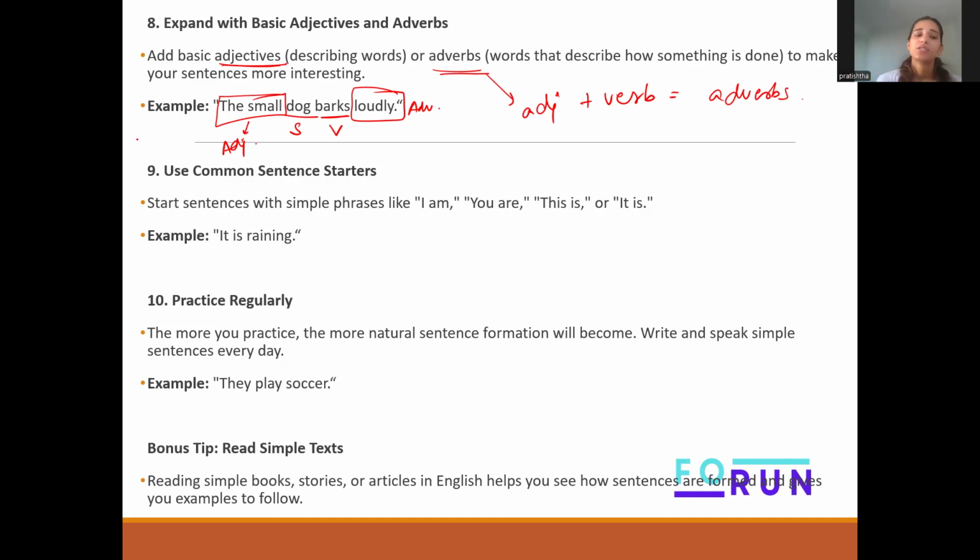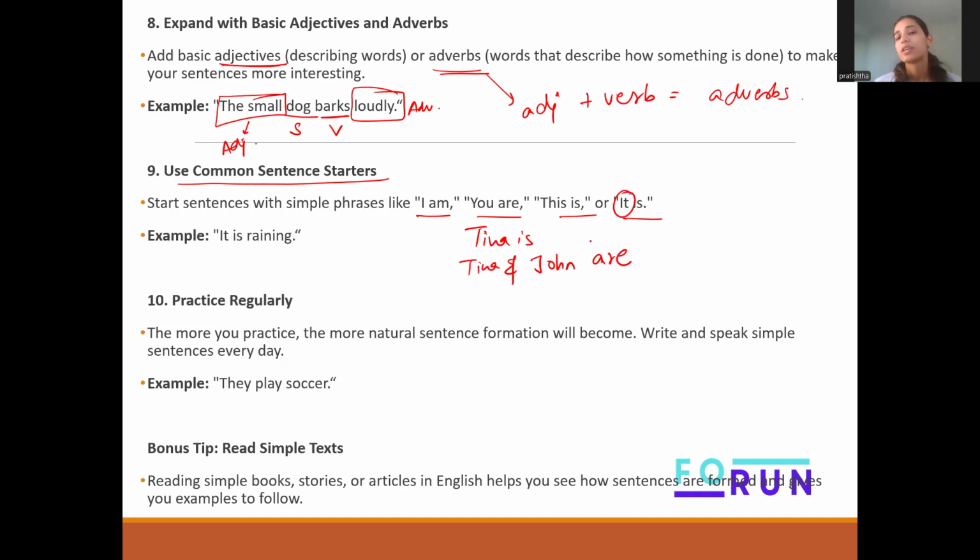So for this tip, use common sentence starters. Start sentences with simple phrases like I am, you are, this is, it is. It's just common, it's basic. You can also put a name, for example, Tina is, and Tina and John are.